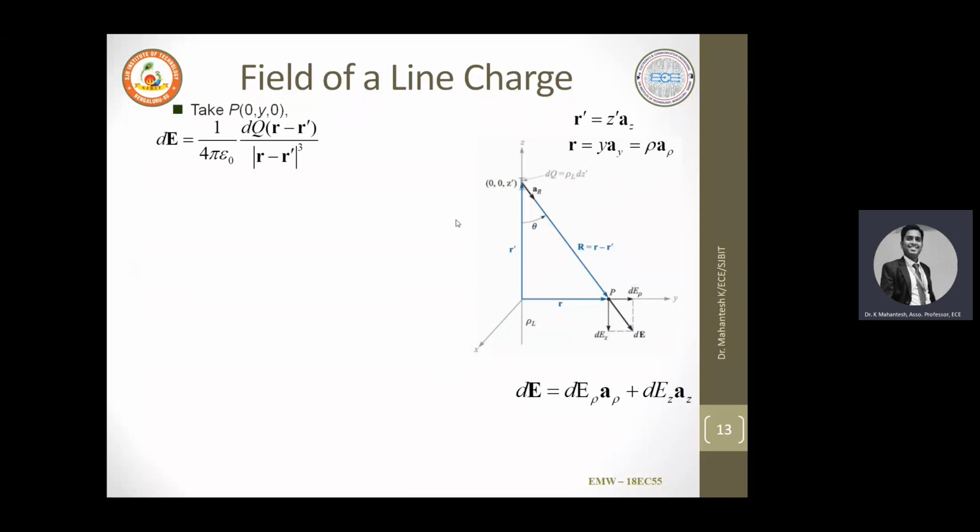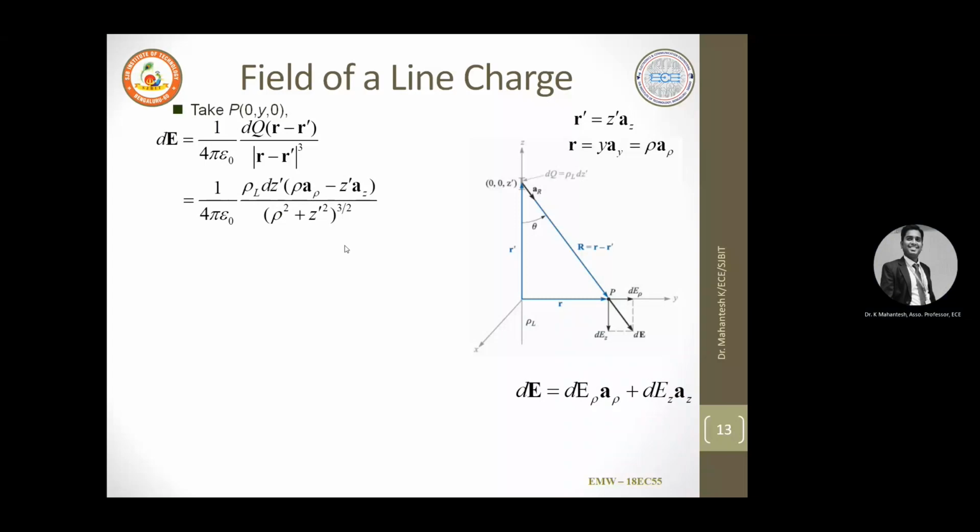Therefore, the differential electric field due to a differential line is equal to 1 over 4 pi epsilon naught, dq times (r minus r dash) over the magnitude of (r minus r dash) cubed, which is equal to 1 over 4 pi epsilon naught, where dq is equal to rho L dz dash, times (rho a rho minus z a z) divided by (rho square plus z dash square) to the power 3 by 2.